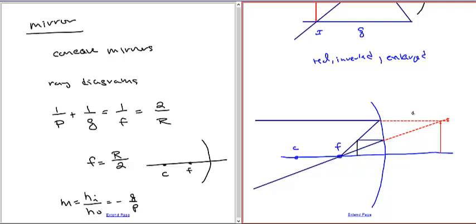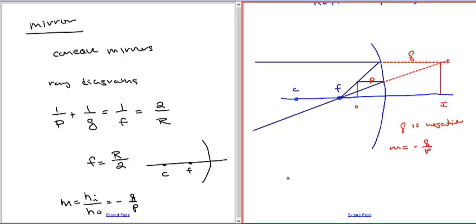So this is Q, this is your image, this is your object, this is P, and Q will be negative because it's behind the mirror. Therefore, the magnification, which is negative Q over P, is positive, since Q is negative.